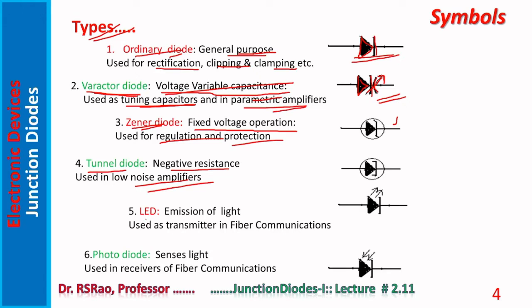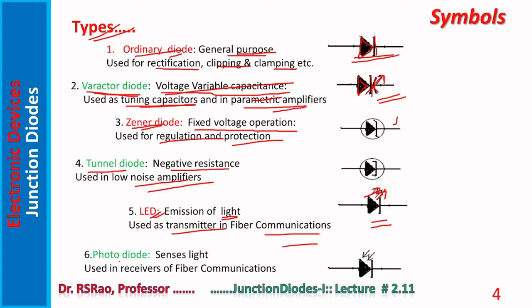Another special diode is LED. LED stands for light emitting diode. Its specialty is it emits light, used as a transmitter in fiber optic communications. LEDs, they have plenty of applications. You see the symbol of LED? Ordinary diode with two arrows indicating light moving out.